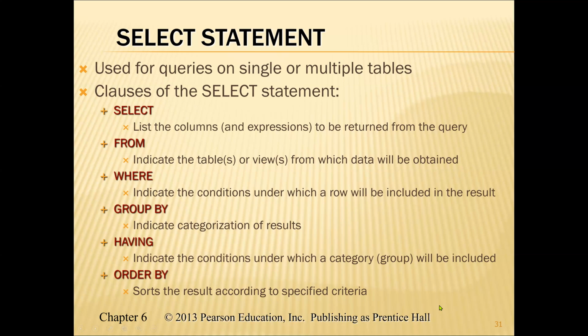I'll write the select, which is the command. I'm selecting animals. They didn't give me what columns they want, so I'm going to say select all from animal. Select all means asterisk from animal, because the table name is animal.